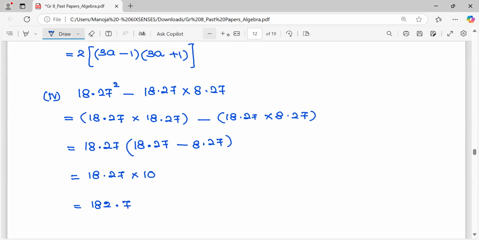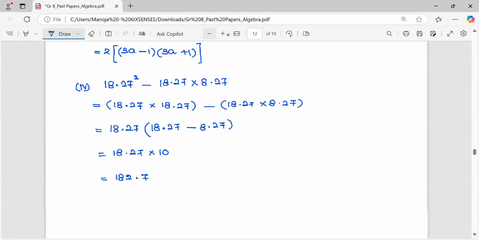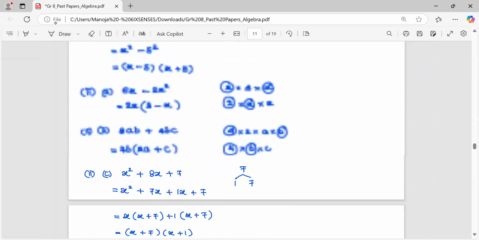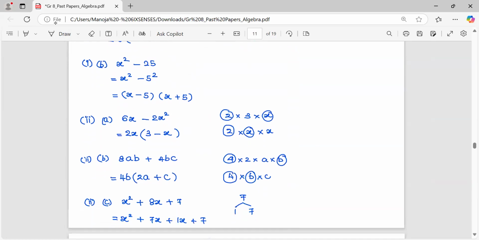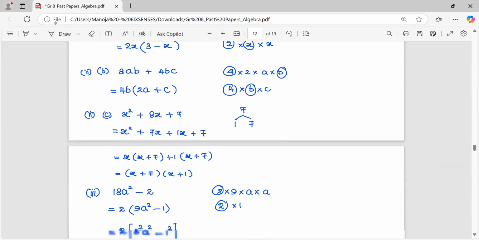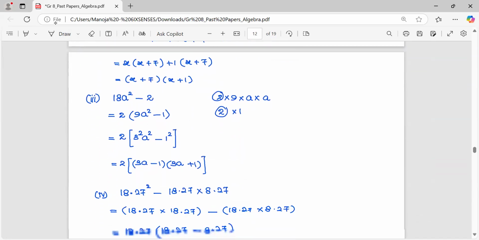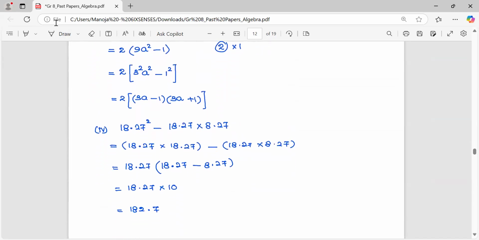So this should be the answer. I will show you my answer. See, these are the answers for this question. See how I have done them. I have shown all the steps. And here also I'll give you a few minutes to copy down these.